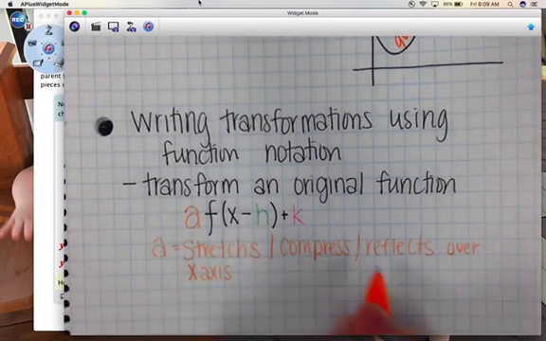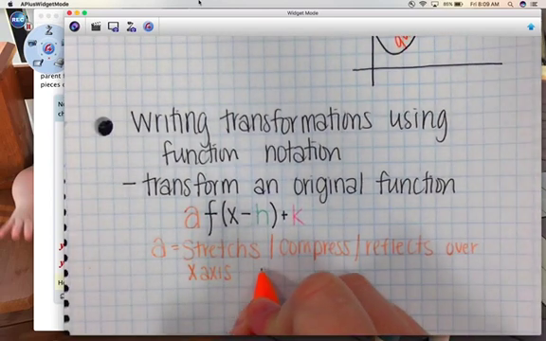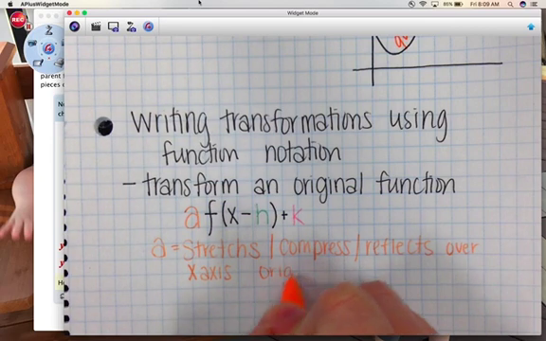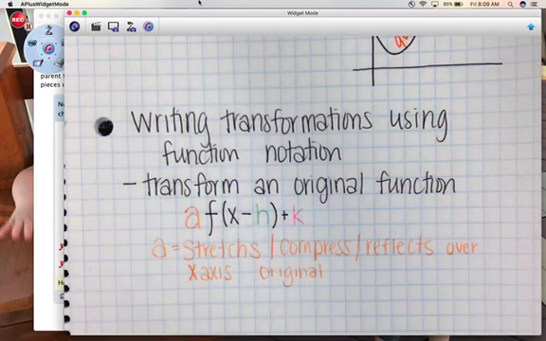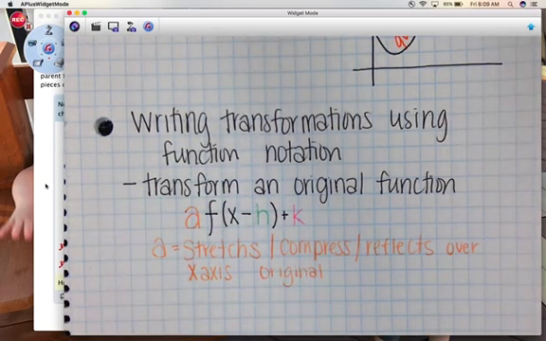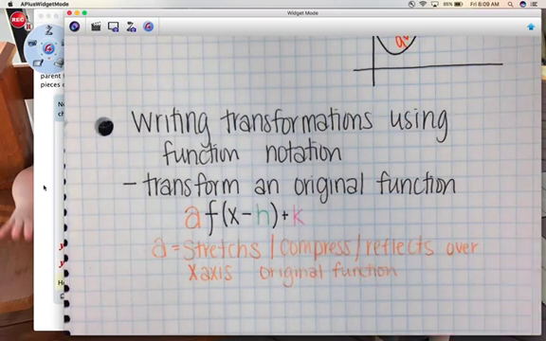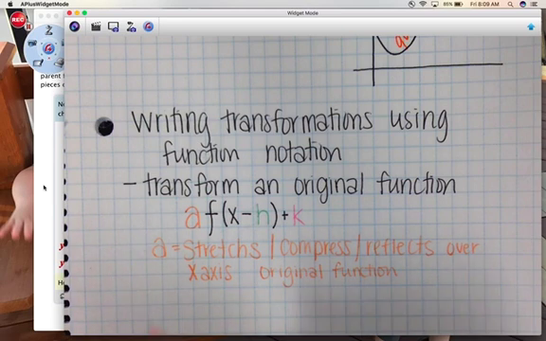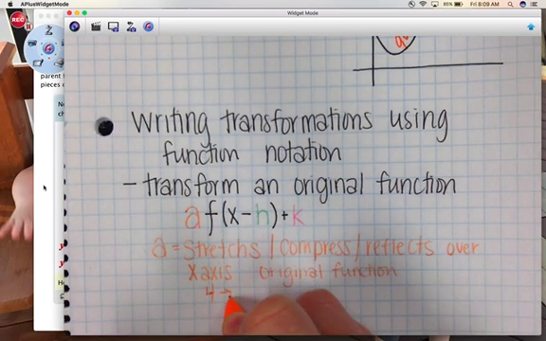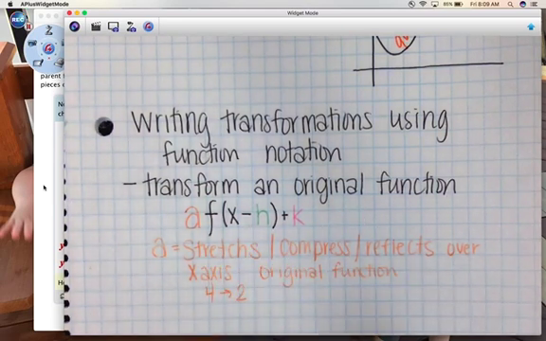It stretches, compresses, reflects over the x-axis the original function. So your original function, like on that one that we just looked at over on the Agile Mind screen, it can have a different a value. It doesn't have to be an a starting off. It could be a 4 and then you make it 2. Since it got smaller, like from a 4 to a 2, it got wider.